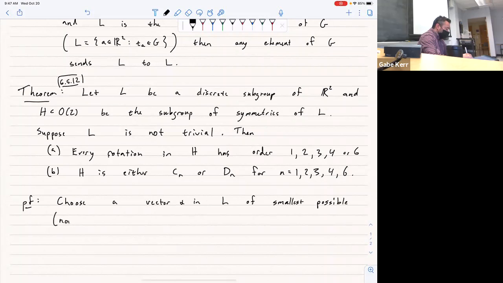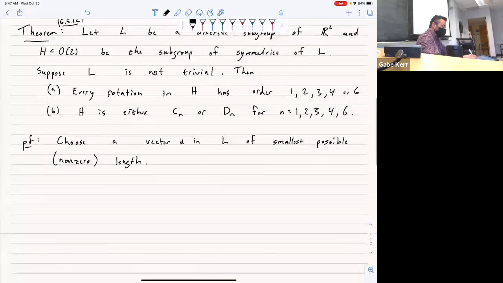As small as possible, but not zero length. And let's choose a coordinate system so that alpha looks like this. Now we're looking at part A here.